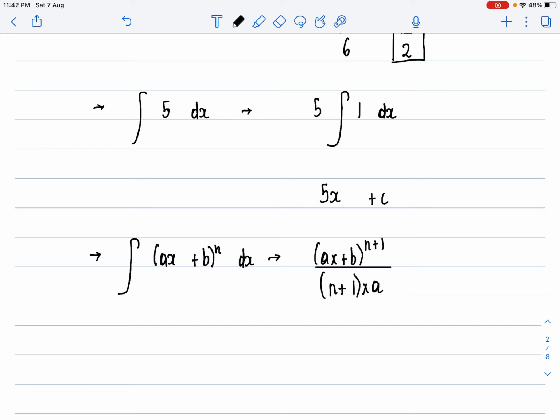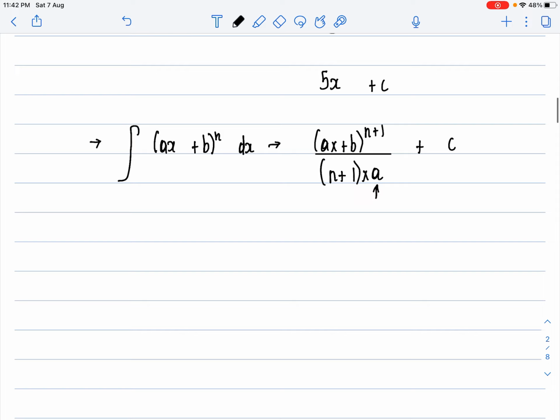This is really important. Multiplied by the coefficient of x, plus c, because there are no limits, indefinite integration.